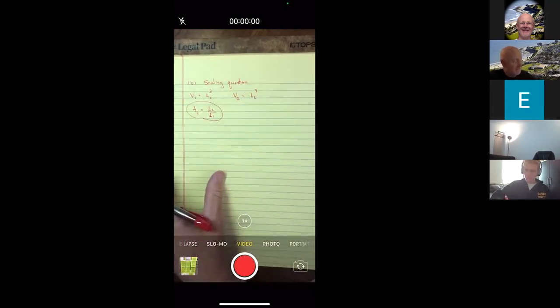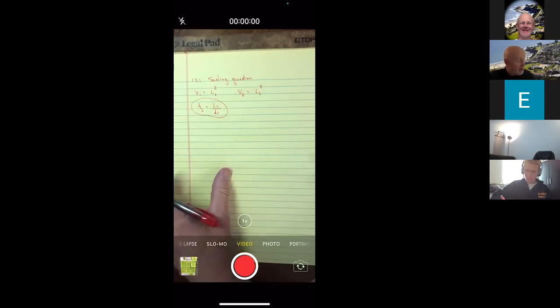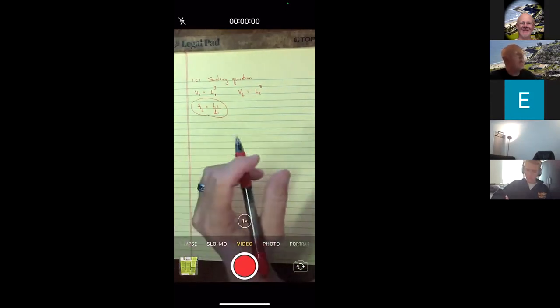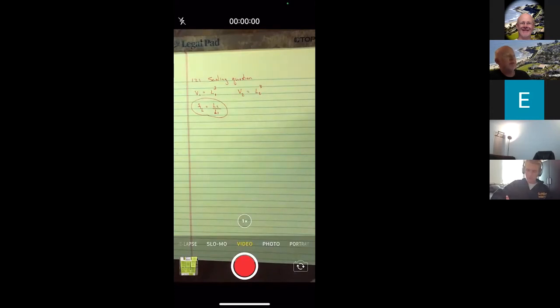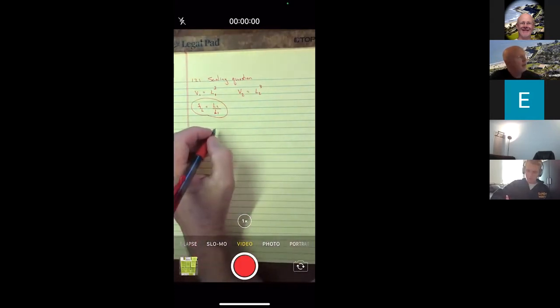Now, here, let me invent another scaling factor. I don't know what symbol to use, and he doesn't even use a symbol, so I guess I won't.